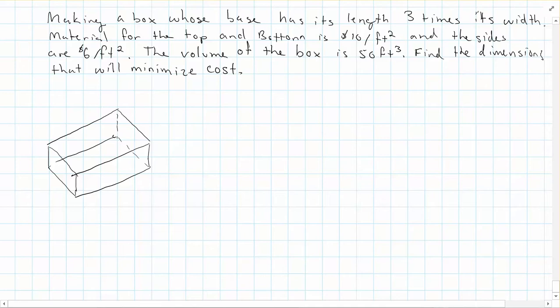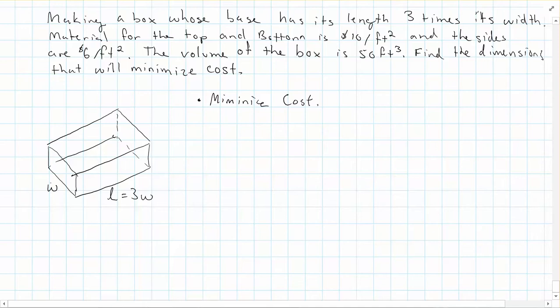Not too bad for freehand, not great, but not too bad. And one thing we want to do right now is maybe just label some things that we know. For instance, I'm going to call this W for my width, and then I'm going to call this L, which is 3W. Actually, one thing I forgot to do is we're always supposed to write down what we're optimizing. So we're trying to minimize cost.